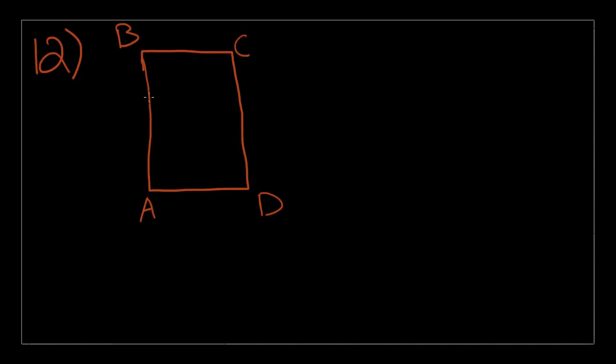So, also there are these random points, Q, and somewhere over here, R. Alright, so, figure not drawn to scale. In the figure above, ABCD is a rectangle with BC equal to 4, so AD is also equal to 4, and AB equal to 6, so CD is also equal to 6.